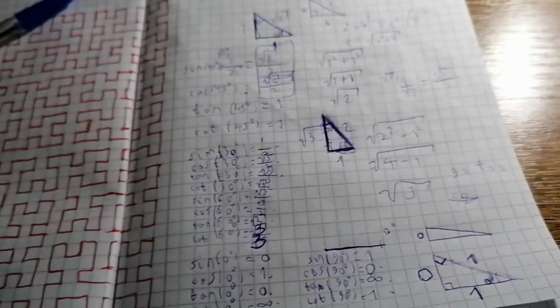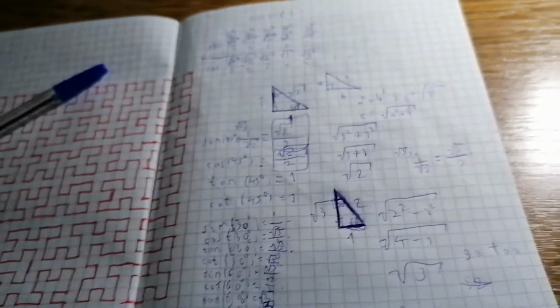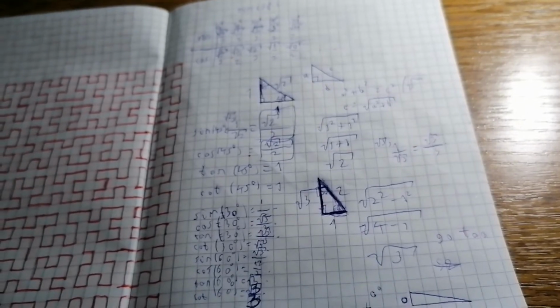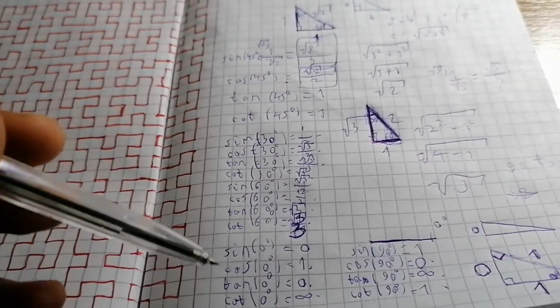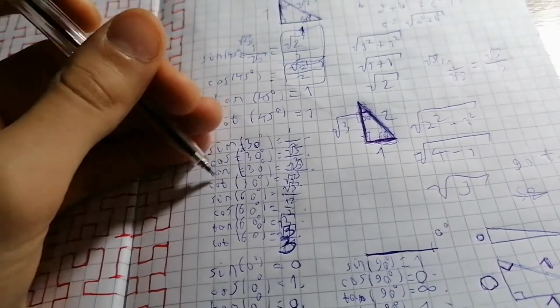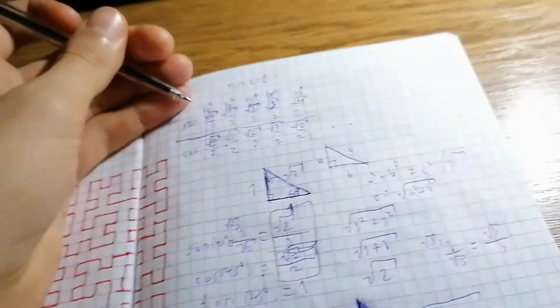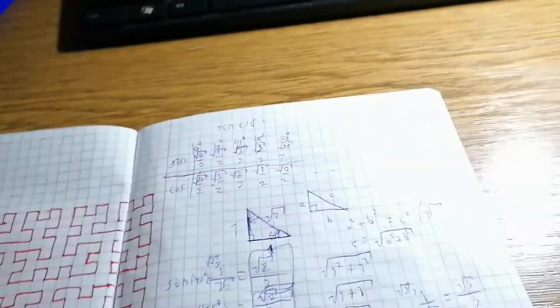And of course this video is over 16 minutes long, but you don't need to be used to this, you just need to follow some simple rules of the right triangles. Actually, I calculated all the possible trigonometric functions of sine, cosine, tangent and cotangent, for all these angles: 0, 30, 45, 60 and 90.